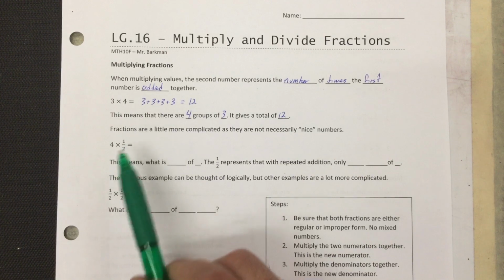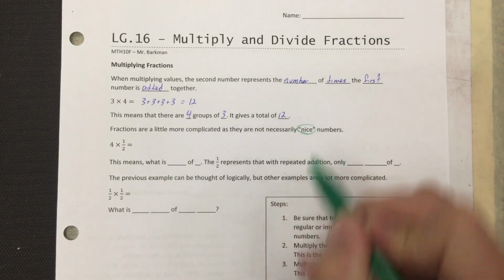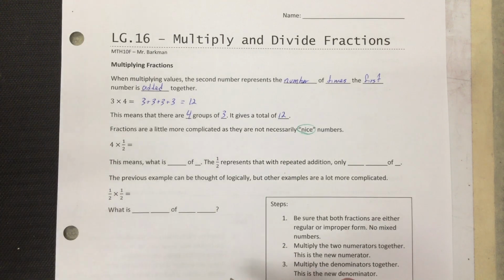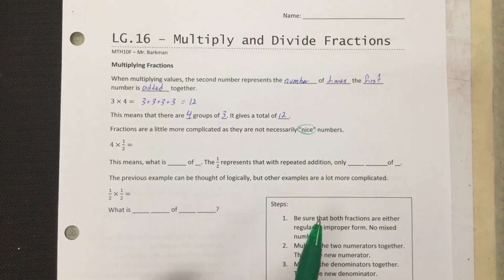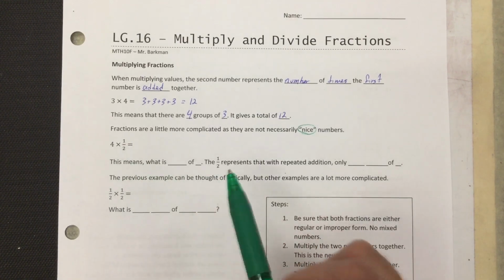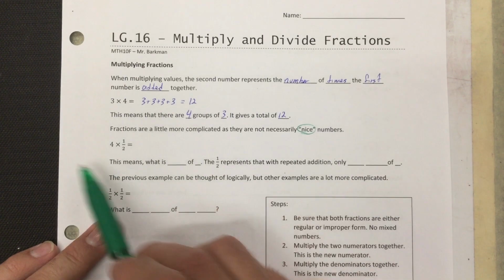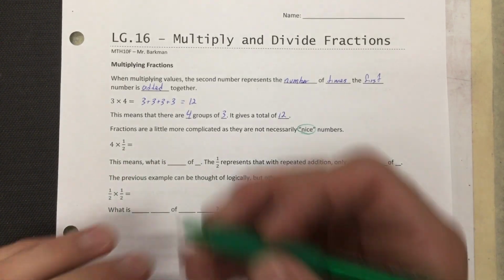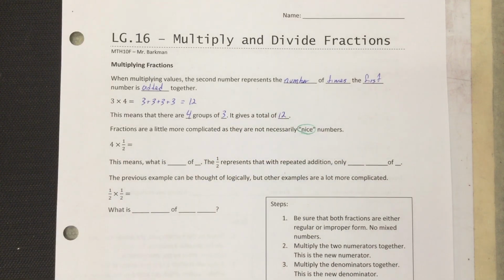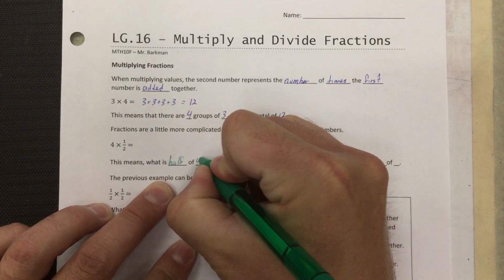Now, fractions are a bit more complicated as they're not necessarily what we would consider nice numbers. Nice numbers are regular positive integers, 1, 2, 3, 4, and so on. Fractions are not necessarily those nice numbers. If we have something like 4 times 1/2, what that means is, what is half of 4?